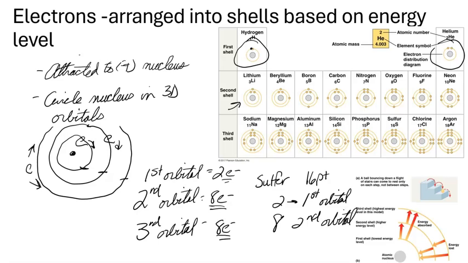But now that orbital's full. Well, 8 can go into the next orbital, but we don't have 8. We only have 6, because if we have 16 protons, we have 16 electrons. So the remaining 6 electrons fit into that third 3-dimensional orbital around the nucleus.